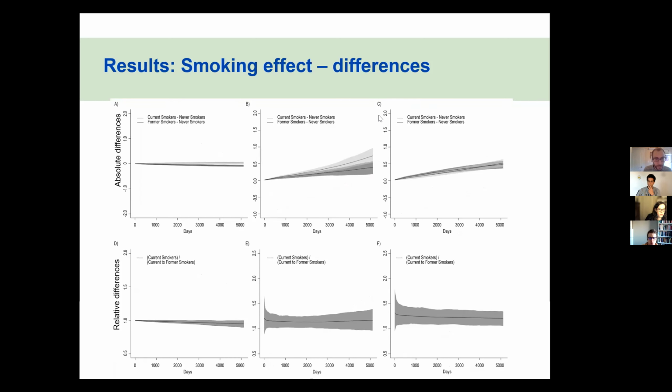You can have absolute differences or relative differences as your reported scale. And because you're simulating it, you can take your simulated output and present it in a way that is better understood by the policymaker.